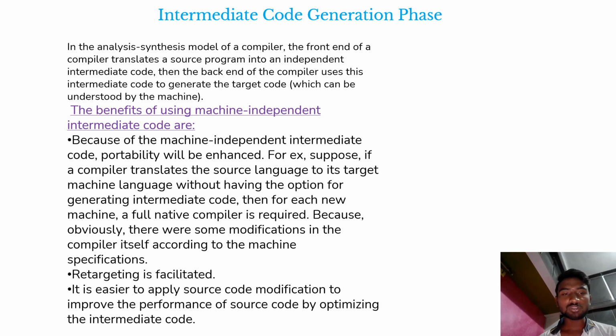For example, if the compiler translates the source language into a target machine language without the option of generating intermediate code, then for each new machine a full native compiler is required, because there would be modification in the compiler itself according to the machine specification.